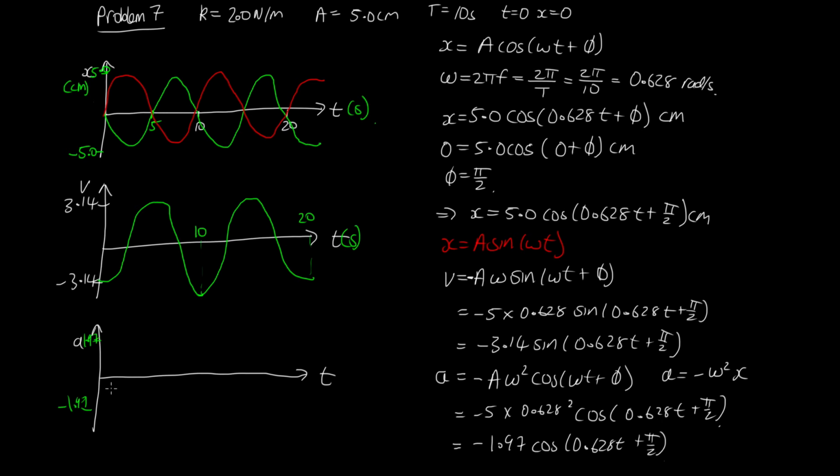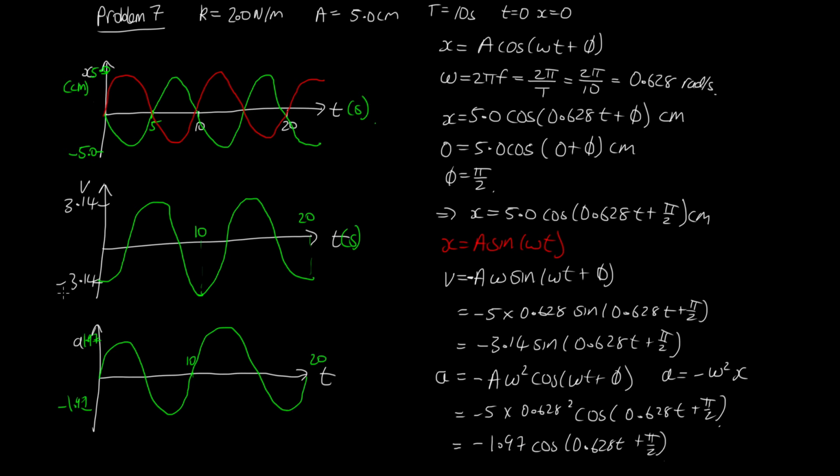And because the acceleration is equal to minus omega squared x, when x is decreasing initially, the acceleration is going in the opposite direction. So if we had this green curve here, then for the acceleration, we'd want our green curve to look like this. Here's 10 seconds. And here's 20 seconds.